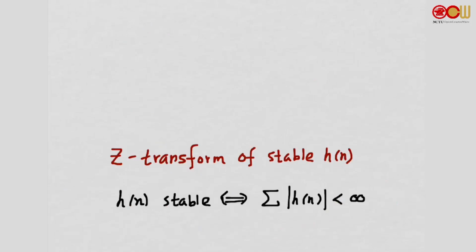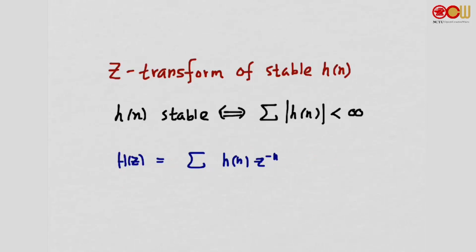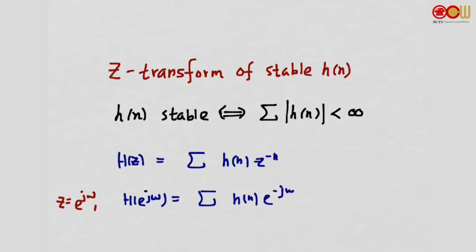Earlier we talked about stability of LTI systems. Given an impulse response h[n], we know the system is stable if and only if the impulse response is absolutely summable. It turns out that the condition can also be given in terms of the Z-transform. This is the Z-transform H(z). If we look at the unit circle, z equal to e^{j omega}, then we have H(e^{j omega}) equal to the sum of h[n] e^{-j omega n}.